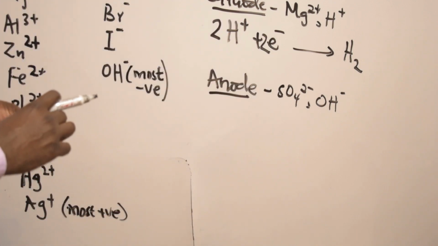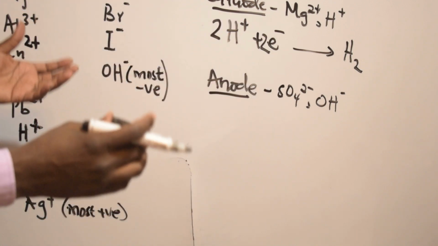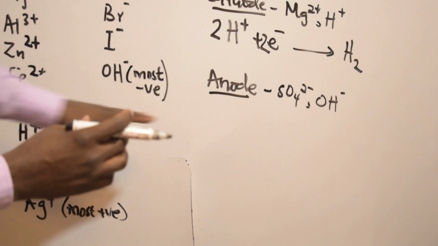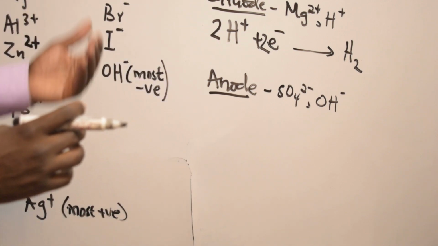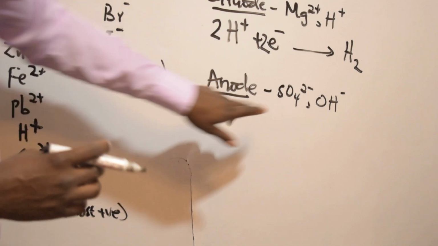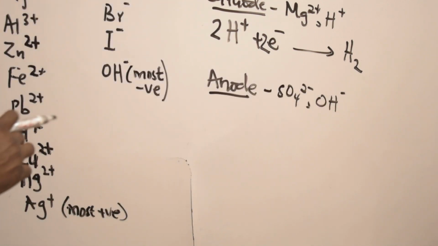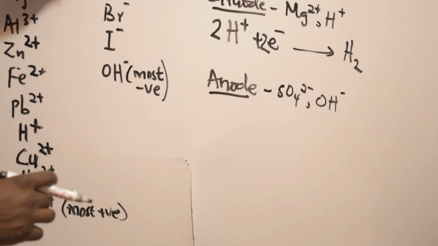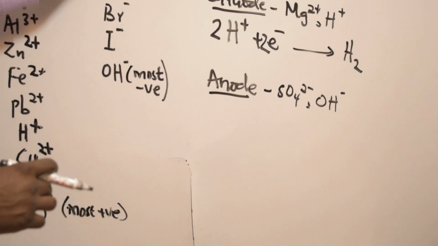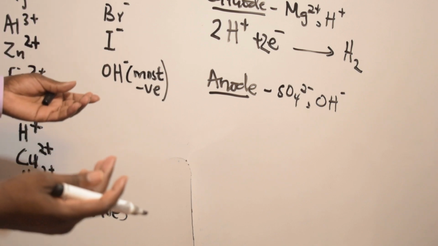Therefore, at the cathode we are talking about the gaining of electrons, and at the anode we are talking about losing the electrons that were earlier gained. So we are asking ourselves, between sulfate and hydroxide ions, which of these will lose electrons more readily?